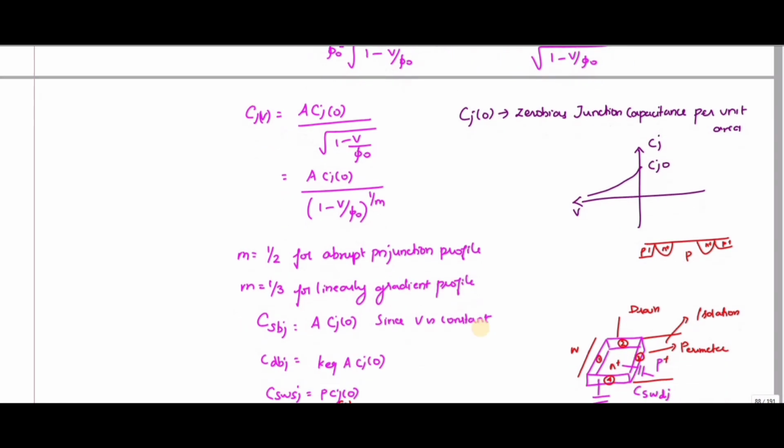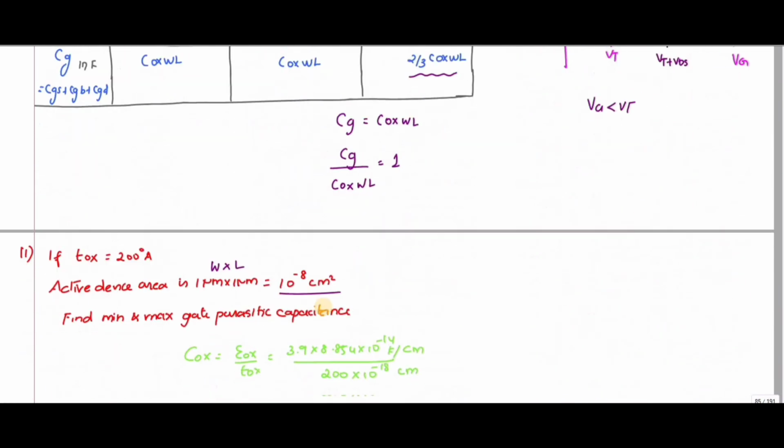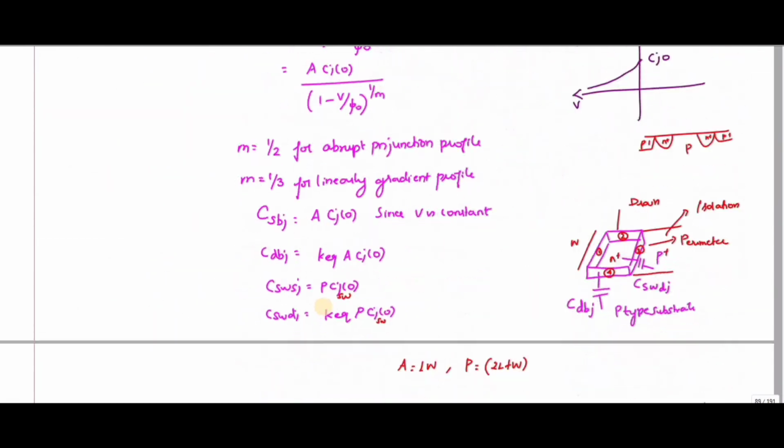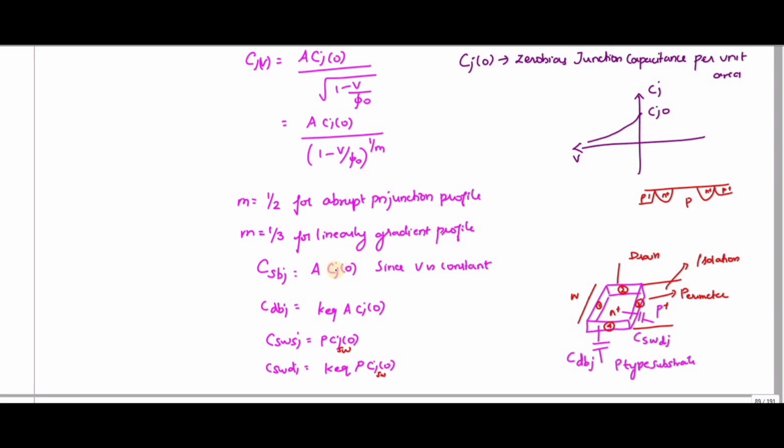Now CSBJ, the source-bottom junction capacitance, is equal to A into Cj of 0, since V value is constant. And CDBJ is equal to K equivalent into A Cj of 0.